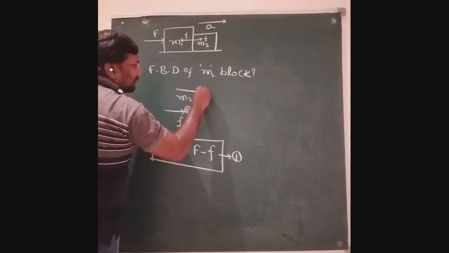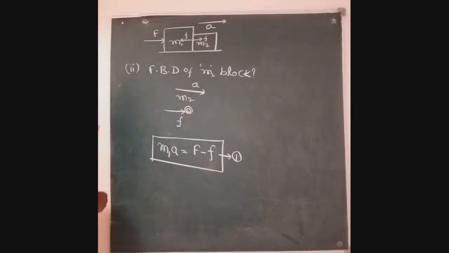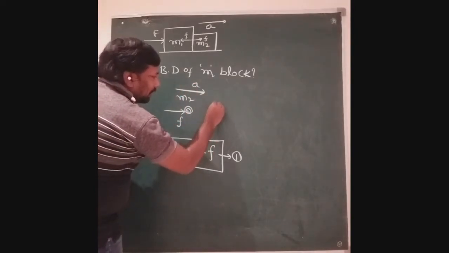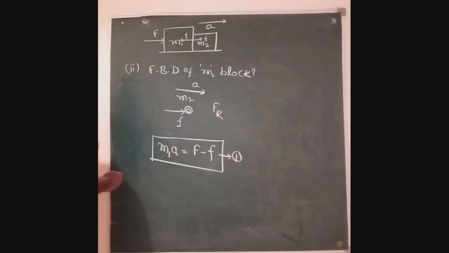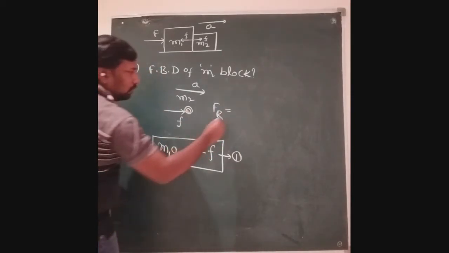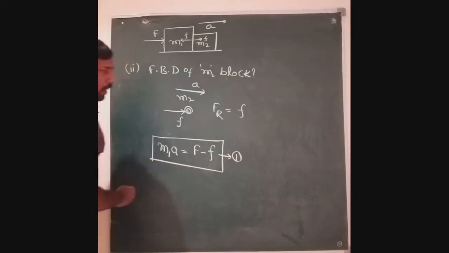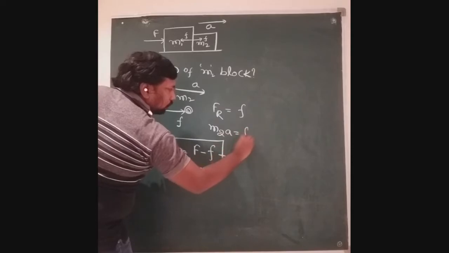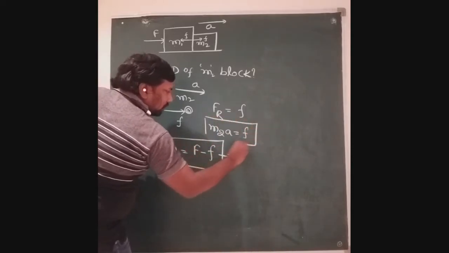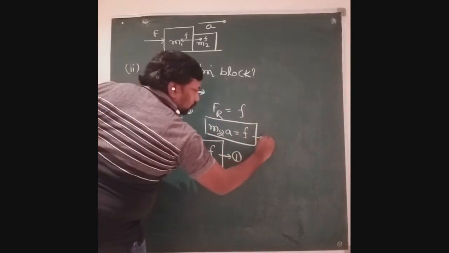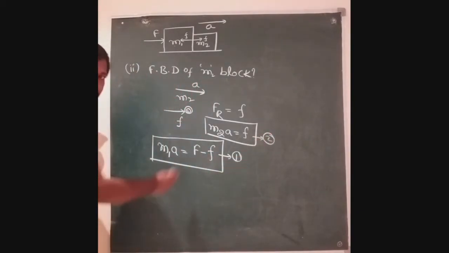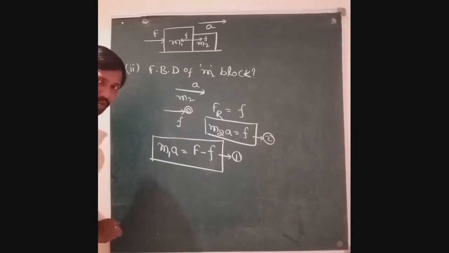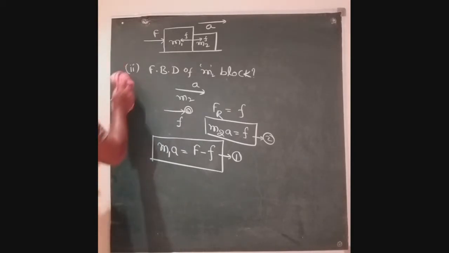The acceleration of the m2 block is left to right. Therefore the resultant force acting on the m2 block is small f. According to Newton's second law, F equals ma, so m2a equals small f. So this is equation number 2. Now adding these two equations, we get the acceleration.